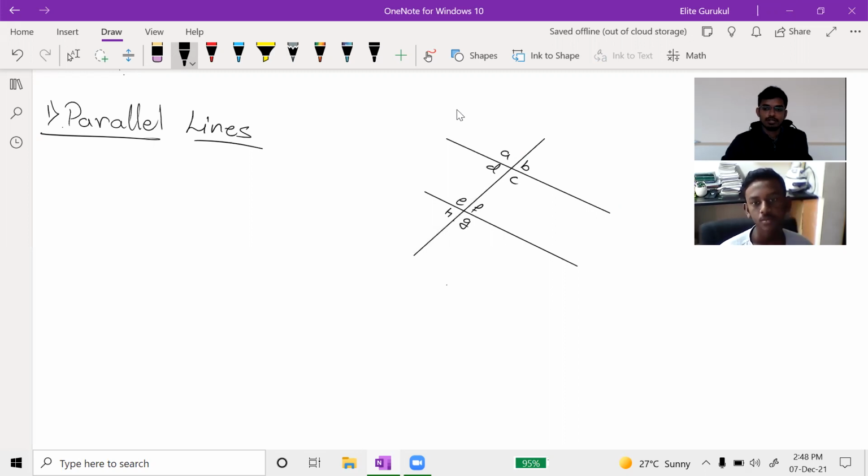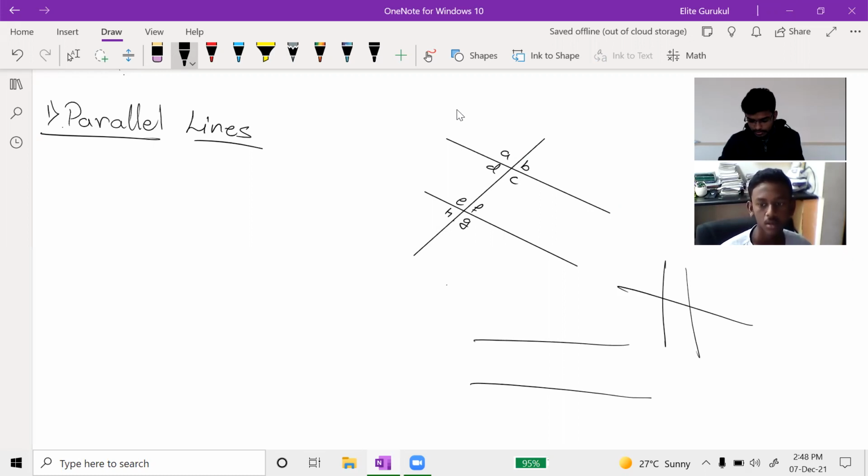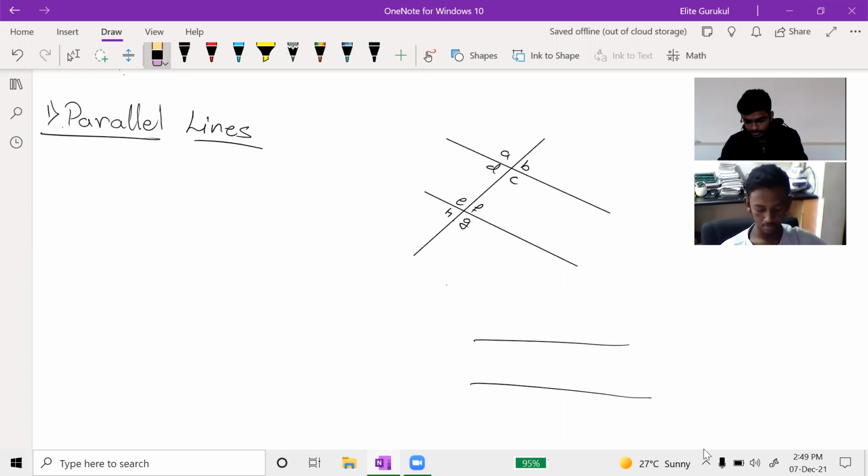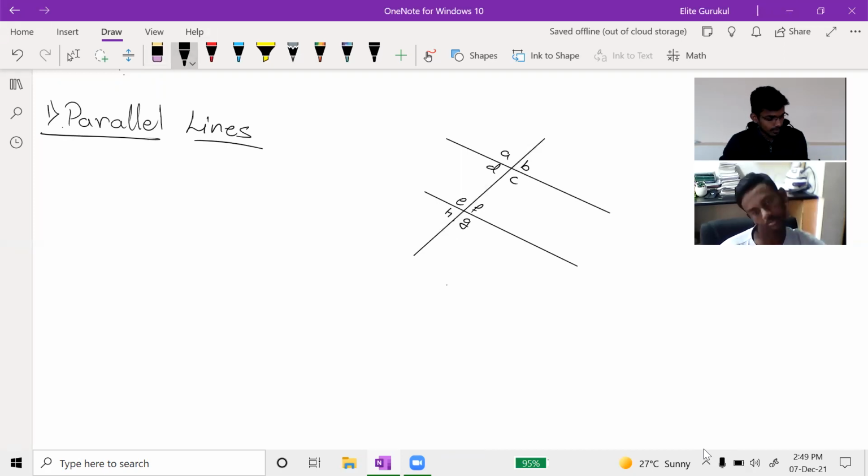Every time the lines will not be like this only. There will be two straight lines and one line crossing them like this. Every time the lines will be different, but you have to remember only the angles. The very first point, corresponding angles, which are equal to each other.